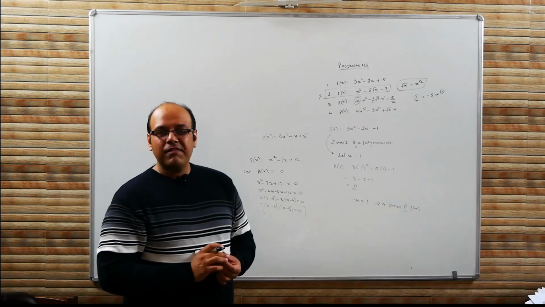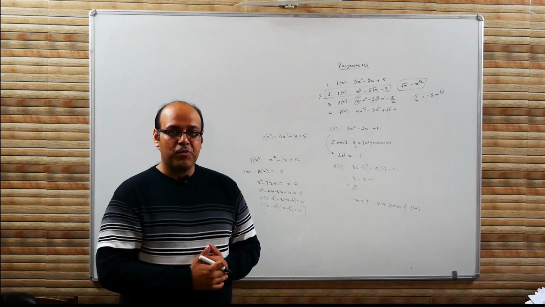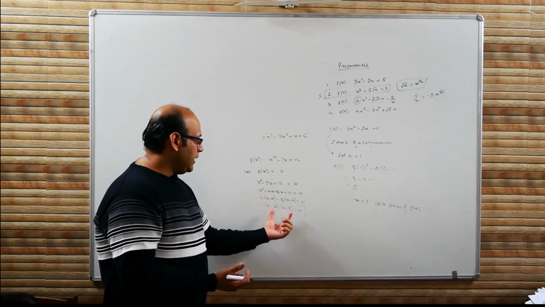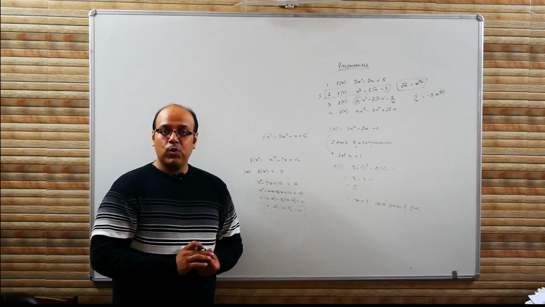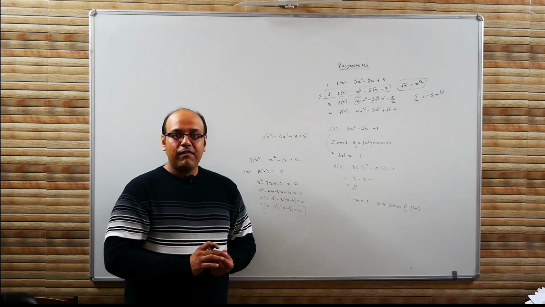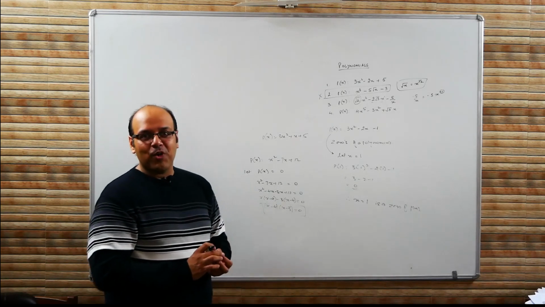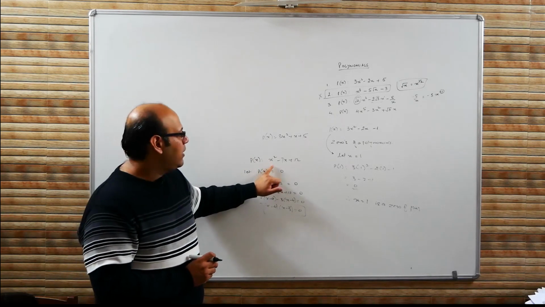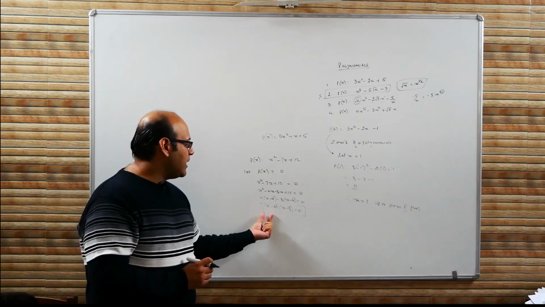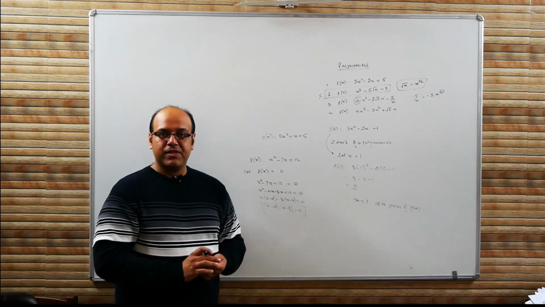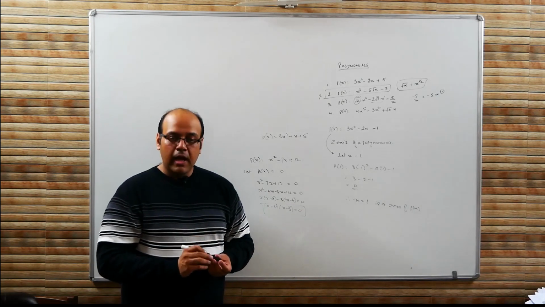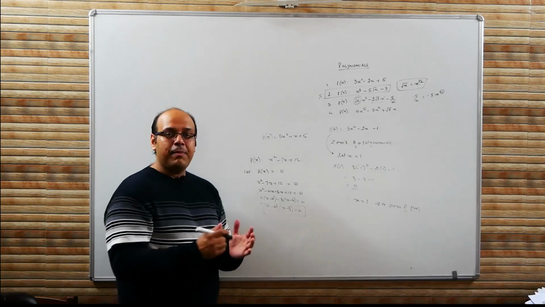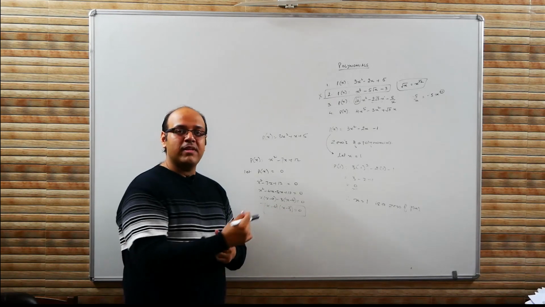Alright, I have just factorized the particular polynomial, not found zeros yet. Now please understand, on the LHS, I have two factors of this polynomial. The initial polynomial that I had, x squared minus 7x plus 12, has two factors, x minus 4 and x minus 3. And on the RHS I have zero. That means two terms are being multiplied together to give me the result 0.